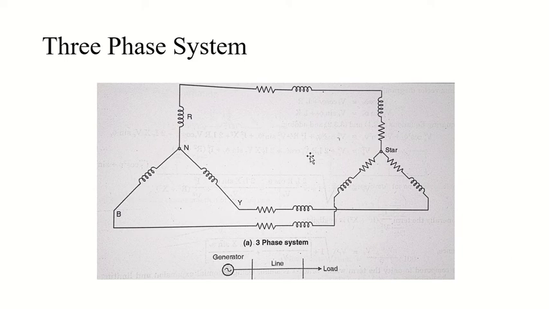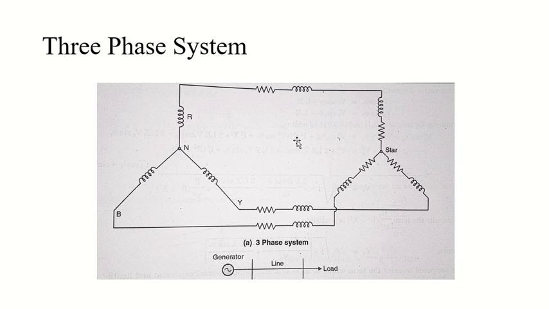Here we have shown the three phase system. In this image you can see we have three phases R, Y and B. On the left hand side is my generator or generating station, and on the right hand side I have my load. As you can see, the load is an RL load, or resistive inductive load.